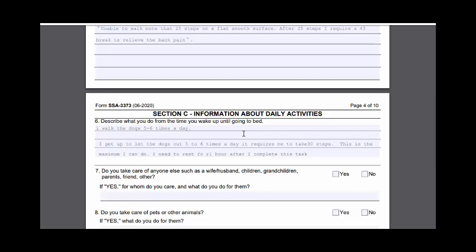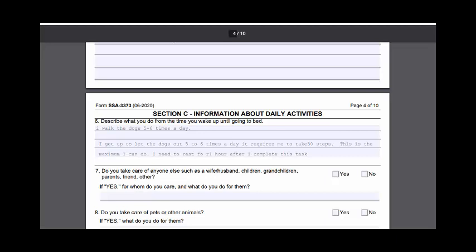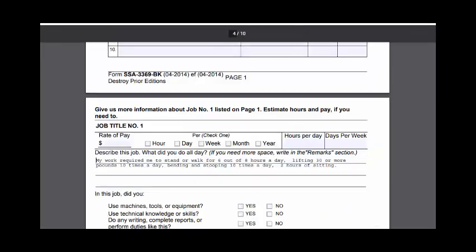Hopefully you will integrate these specifics of how far you can go in steps, how much you can lift in pounds, and what you need for breaks afterwards into your responses to communicate that you are not able to do your job. So that's form number 1, the adult function report.